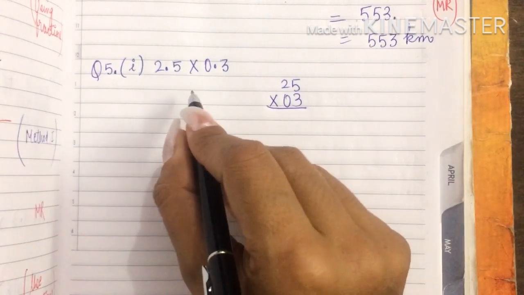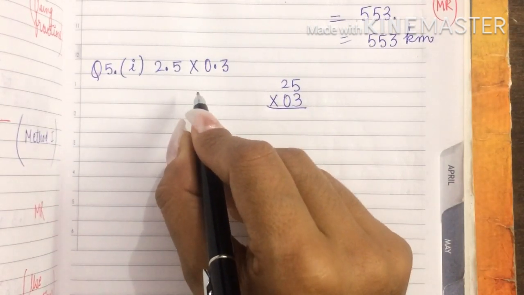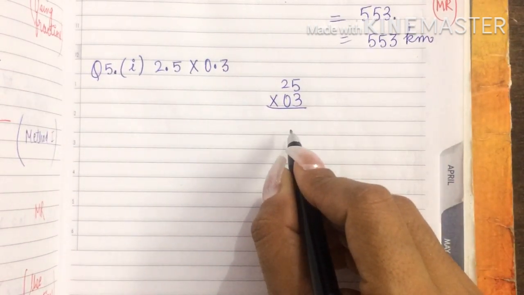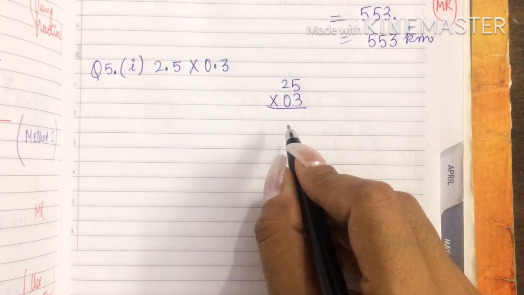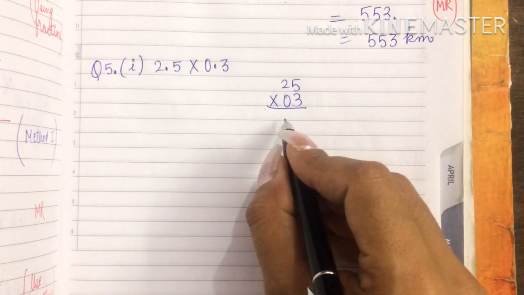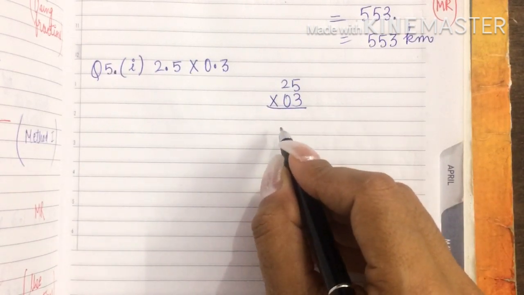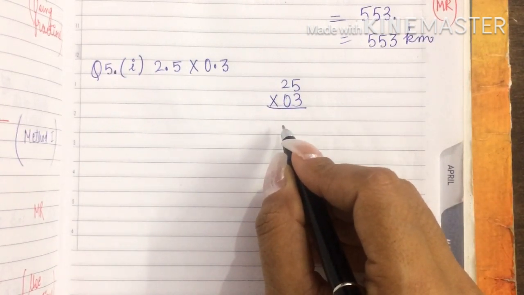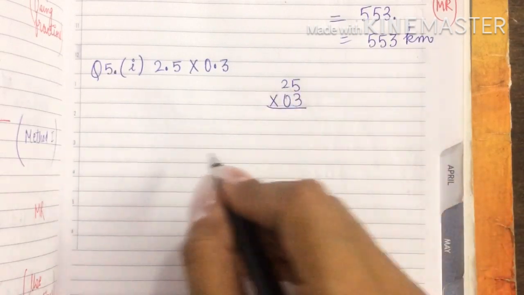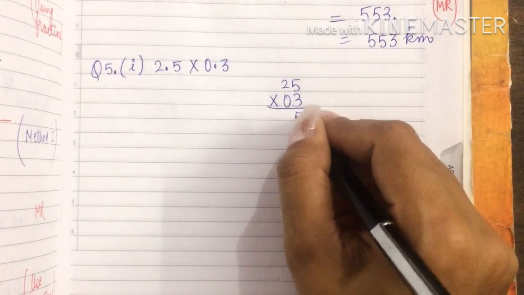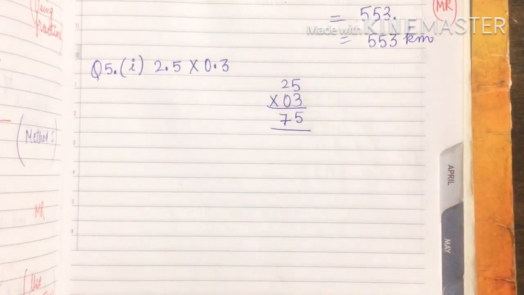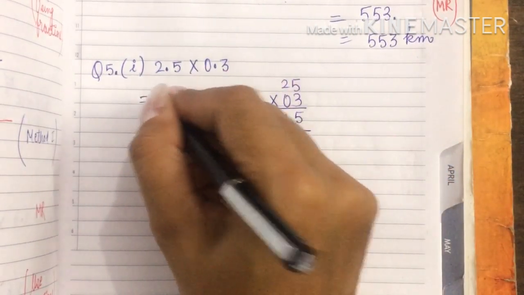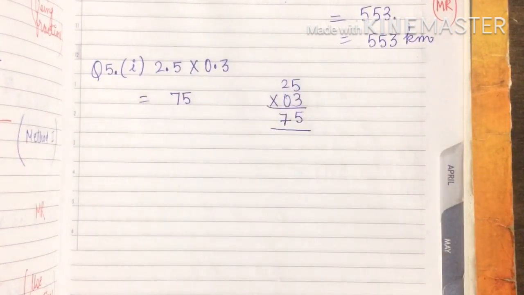When both numbers have points, in multiplication I have to ignore the points. Multiplication is to be done without the points, and the multiplication should be done in the fair work, not in the working column. So show your work in the fair part. 25 into 3 is 75. Now it's time to put the point back.